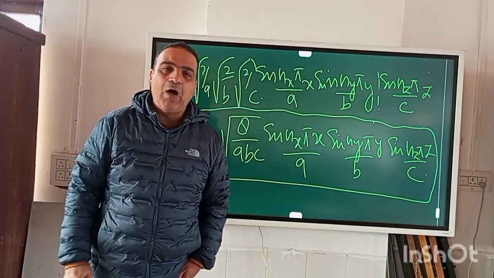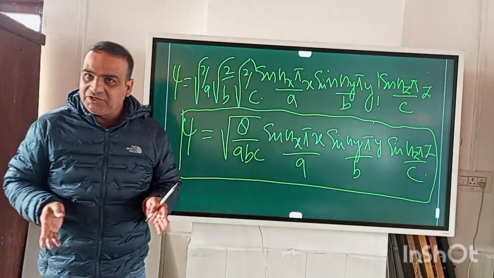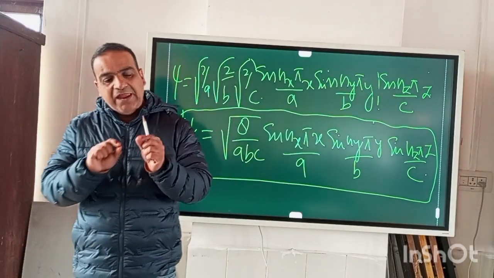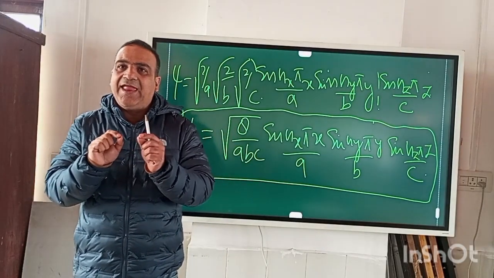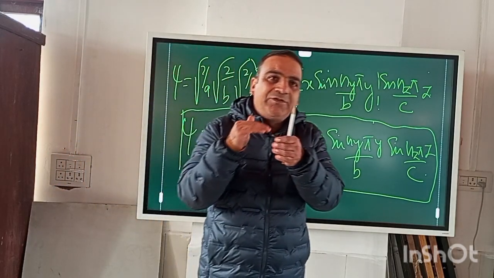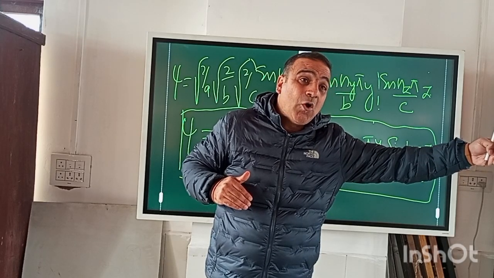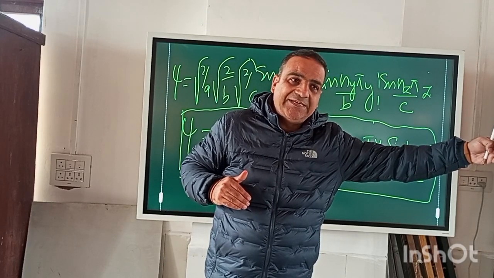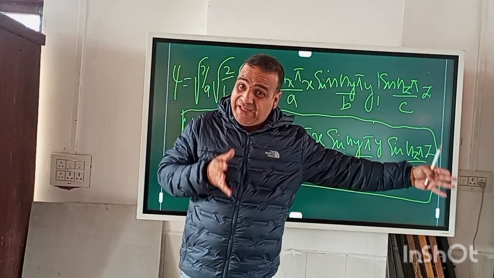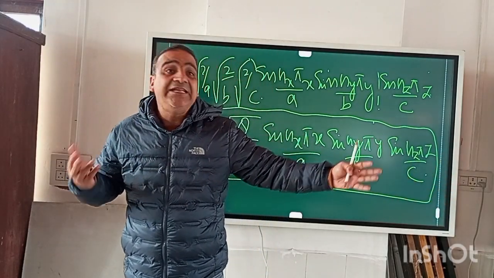Now, you have calculated the energy eigenfunction for the particle in a three-dimensional box, and you have also calculated the energy eigenvalues. Now, if you have an energy state and corresponding to this energy state you have one eigenfunction, we call it a non-degenerate energy state.